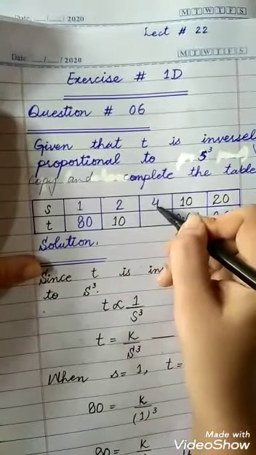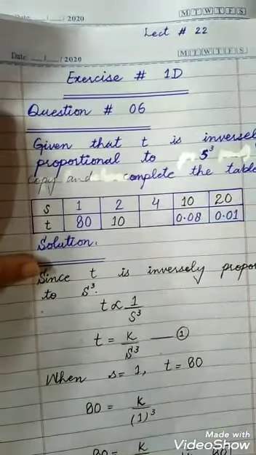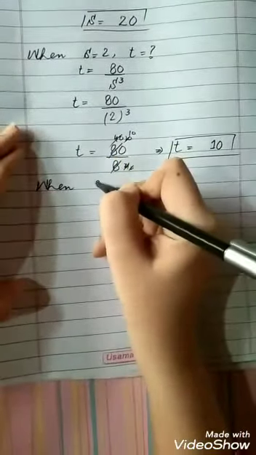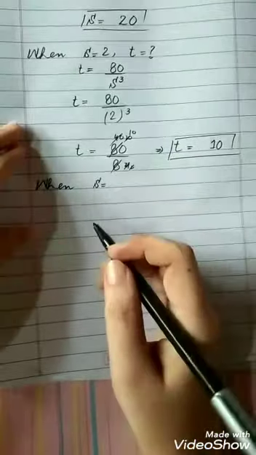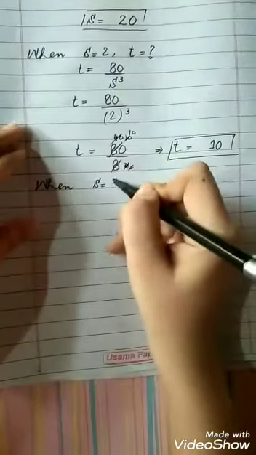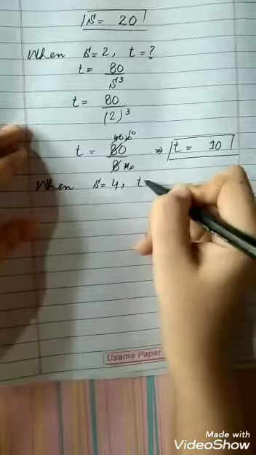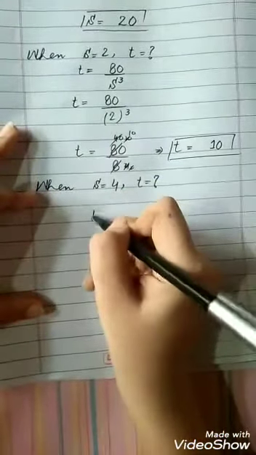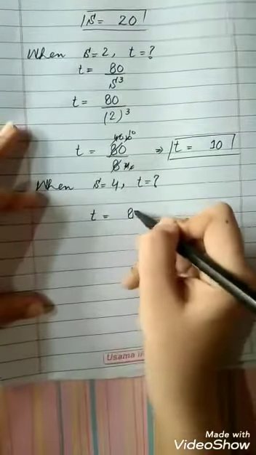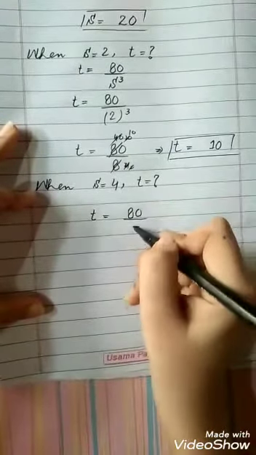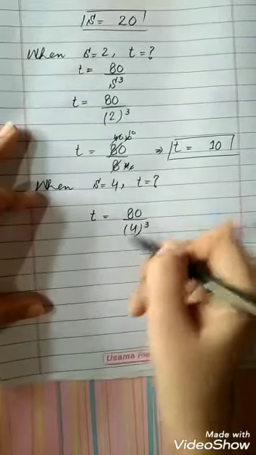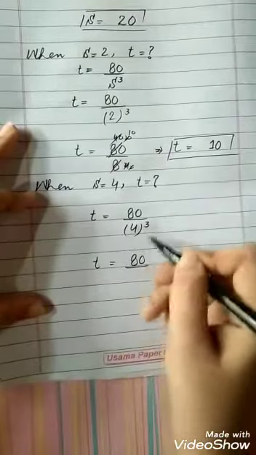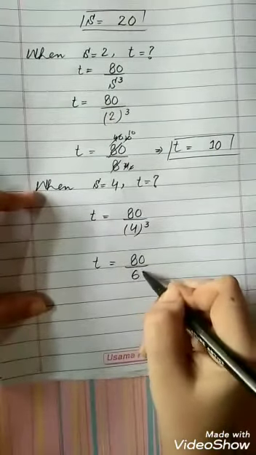When S is equal to 4 and t, we have to find the last value. Placing the same values in the same equation, t is equal to 80 by 4 cube. 4 4s are 16 and 16 4s are 64.